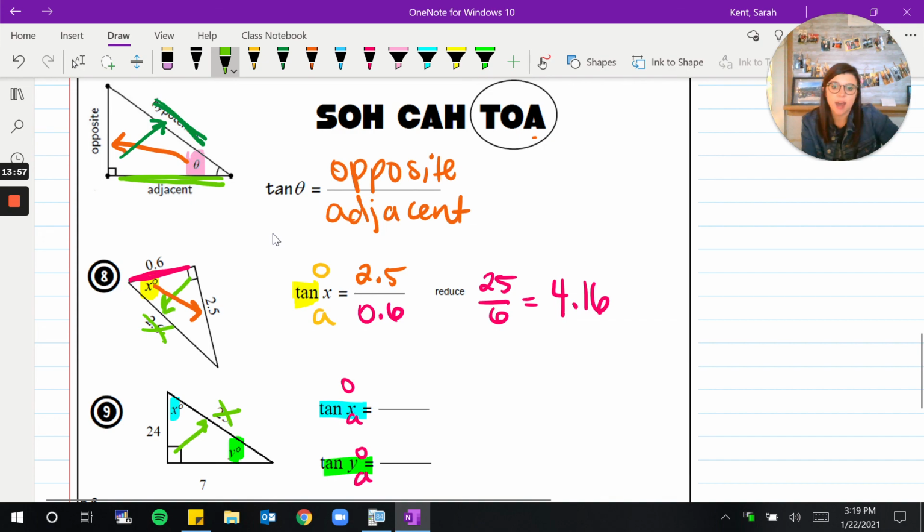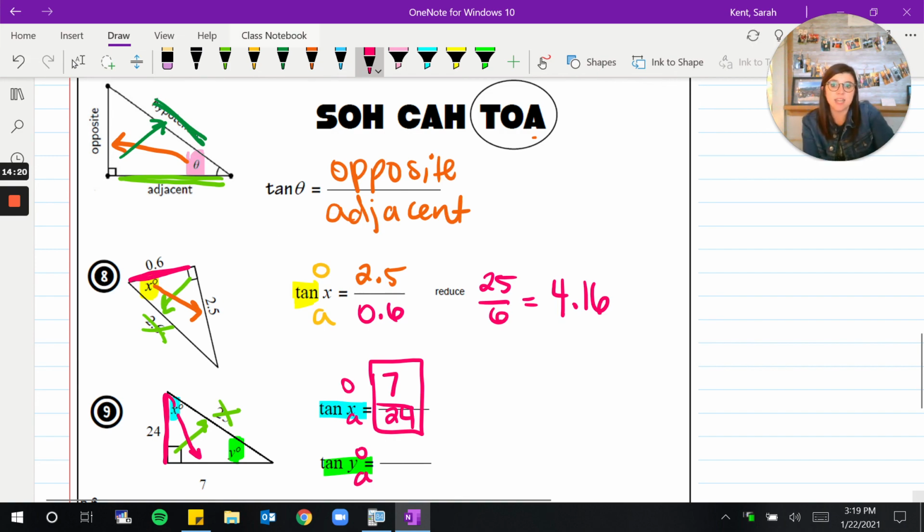So if we start with x, I want opposite x. So opposite from x is 7. And then adjacent to x is 24. So this tangent x is 7 over 24.